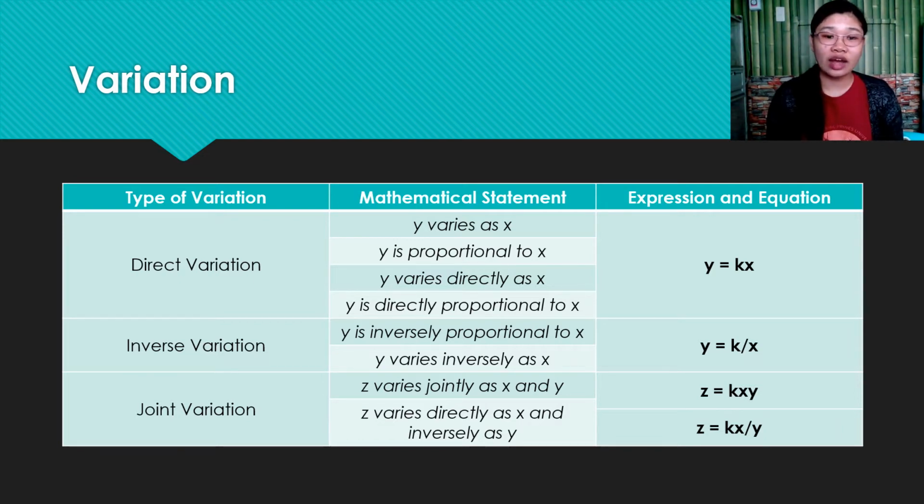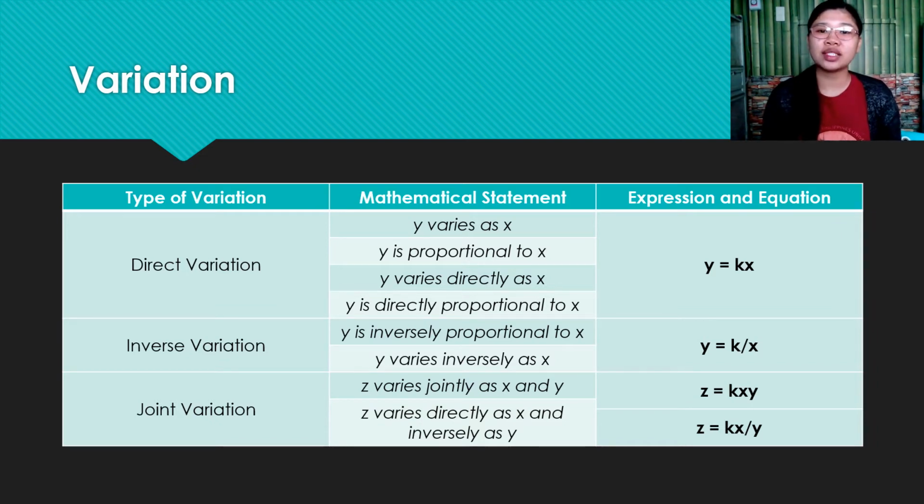And then we have joint variation. We have here z varies jointly as x and y. As a reminder, as a tip also, do not only rely on x, y, and z. There are times it can be ABC or RST. So do not have too much confidence in studying variation with only x, y, and z.